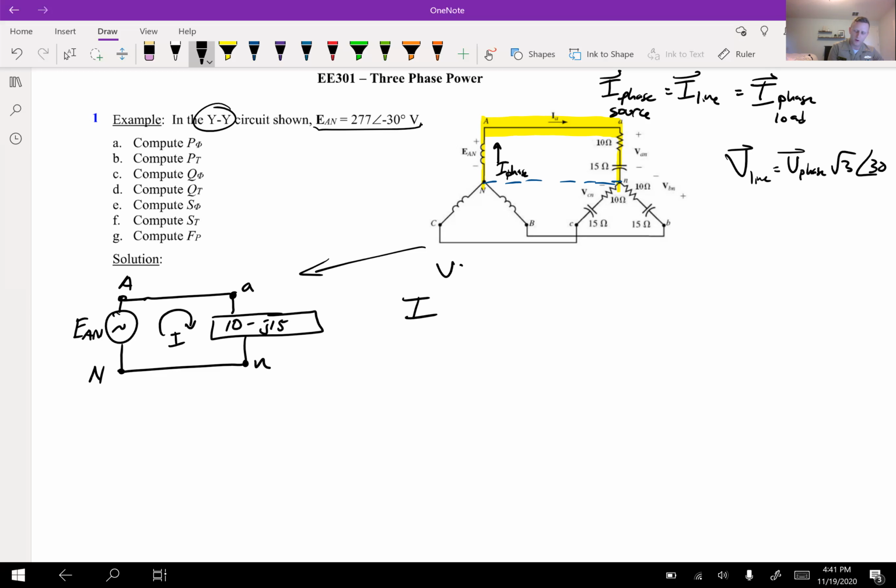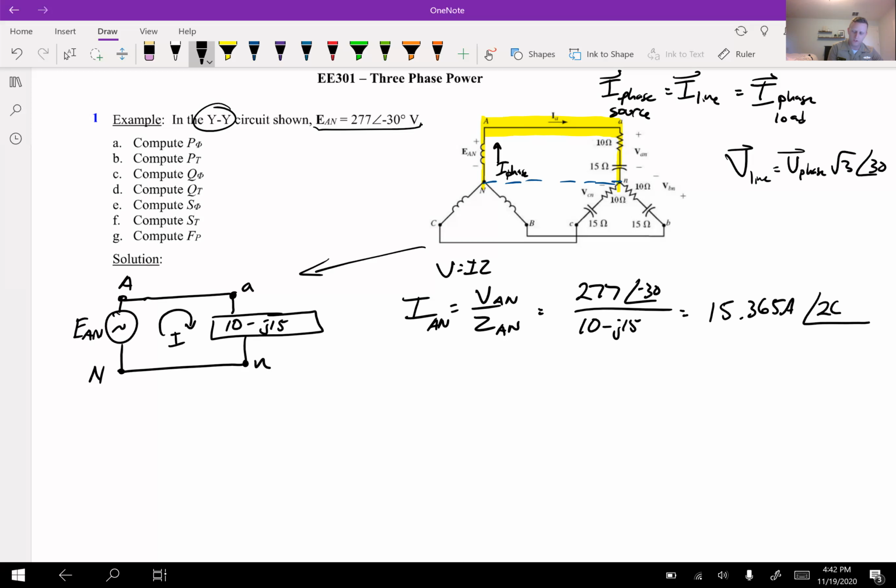So using our favorite law, V equals IZ, I equals V over Z, AN, AN, AN. The voltage there, 277 angle negative 30. The Z, 10 minus J15. The I comes out to 15.365 amps, angle 26.3 degrees.